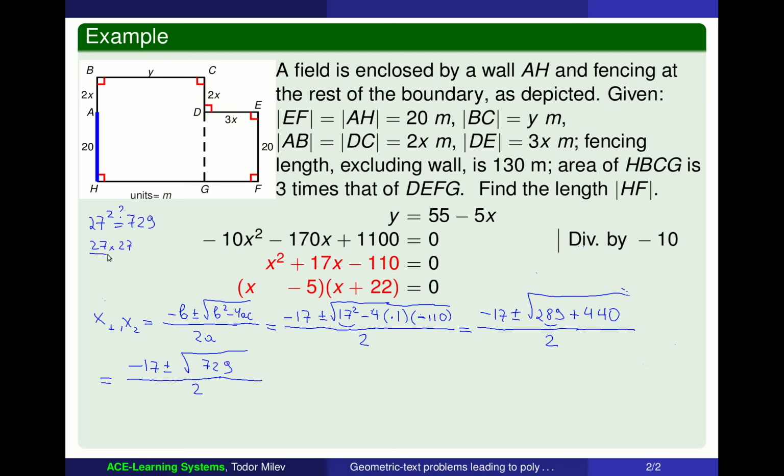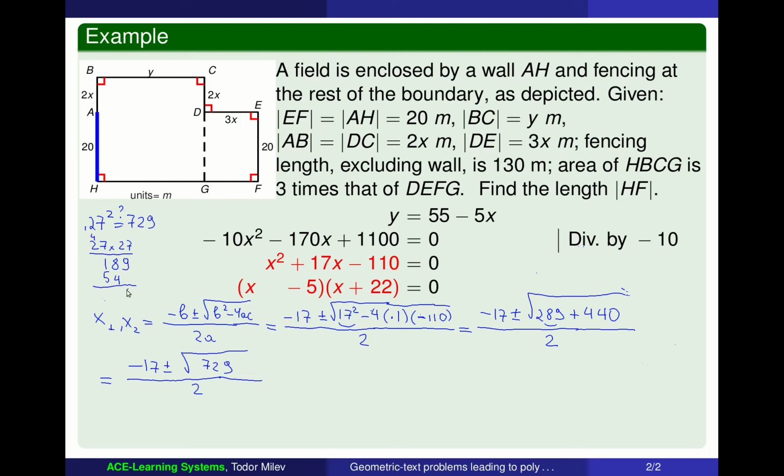You can take 27 times 27. 7 times 7 equals 49 and carry over 4. 7 times 2 is 14 plus 4, that is 18. 2 times 7 is 14, 4 and carry over 1. 2 times 2 is 4 plus carry over 1, that is 5.